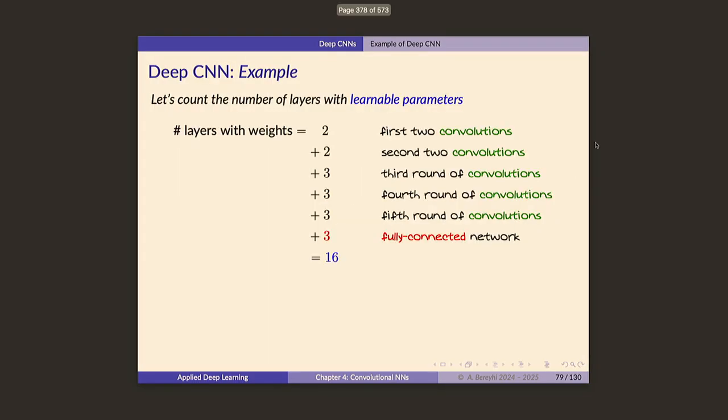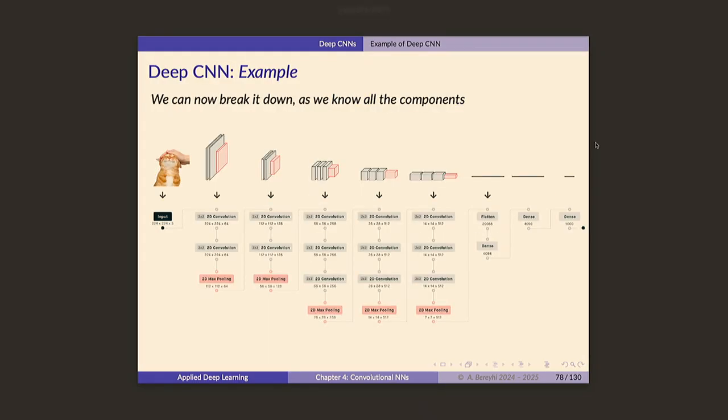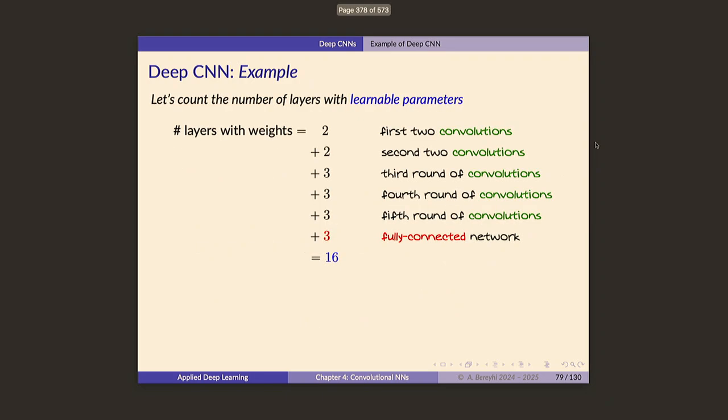Now, I told you the architecture is called VGG-16, and the main reason is the number of layers it has.